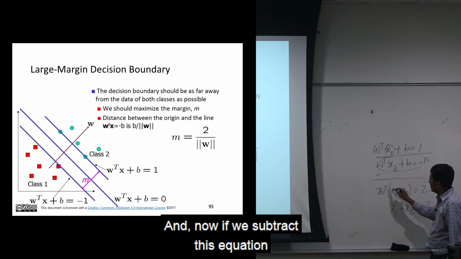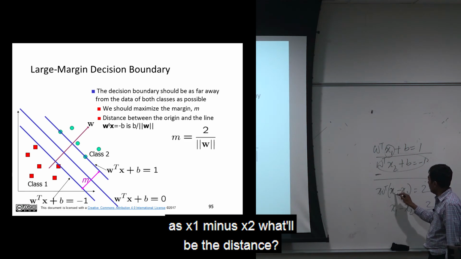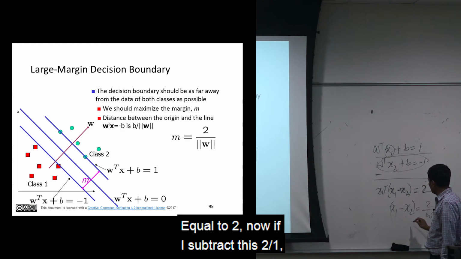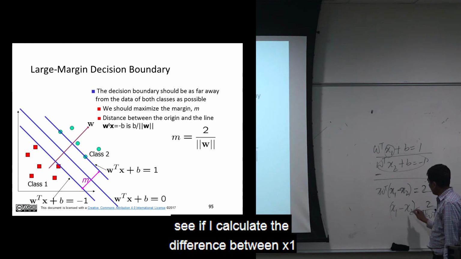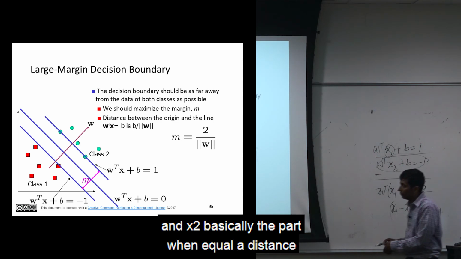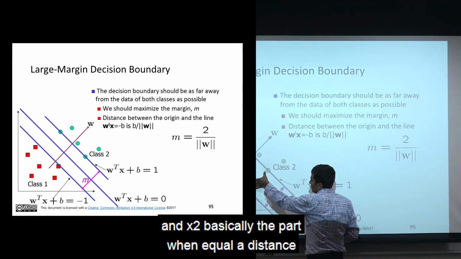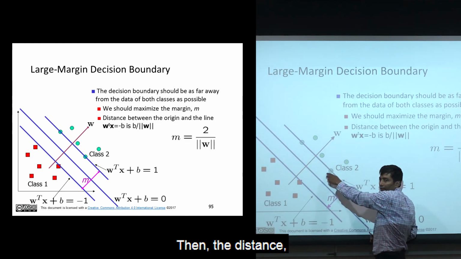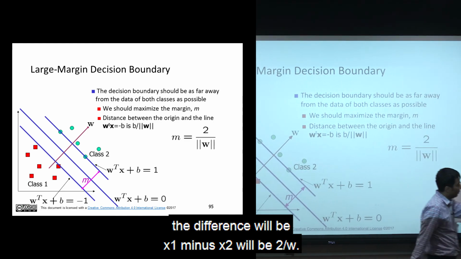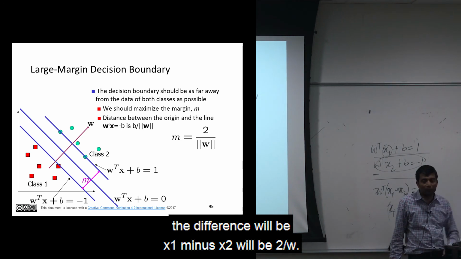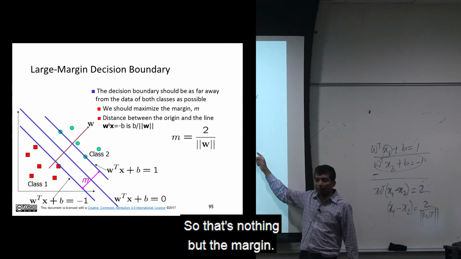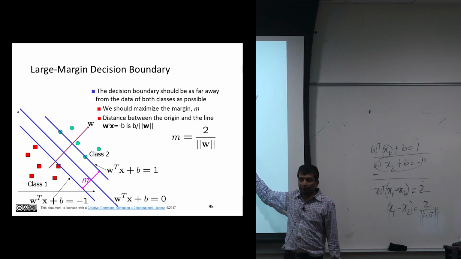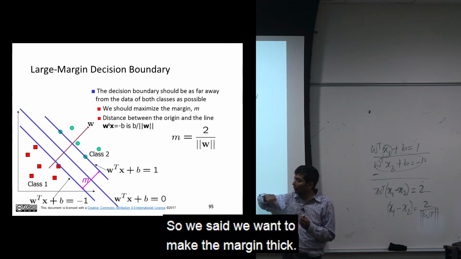If I subtract these two equations, x1 minus x2, the distance equals 2. That is basically the perpendicular distance between the two points, one sitting here and one there, so x1 minus x2 is 2 over W. That's nothing but the margin. So now our goal is to maximize this margin. We said we want to make the margin thick.